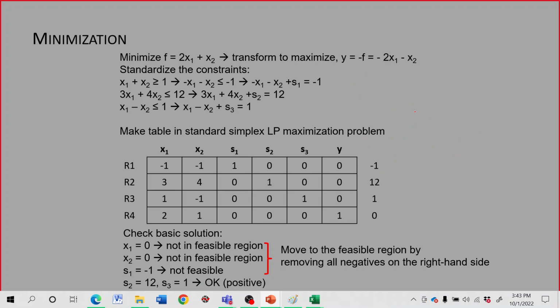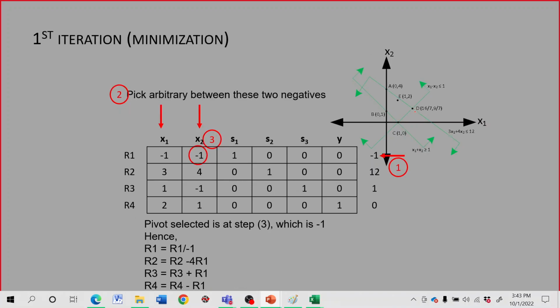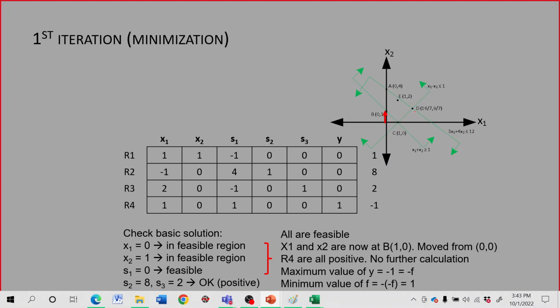If you want to minimize it, that means it's just point B, the same path it follows, and then it just stops there. So basically, the idea of simplex is that it moves along the edges. It will evaluate the values at the corner over here.